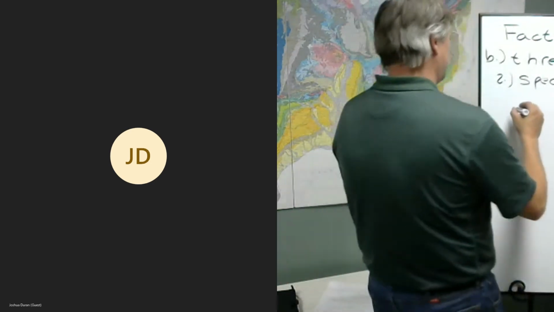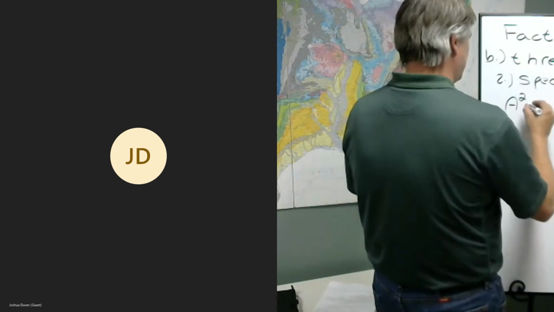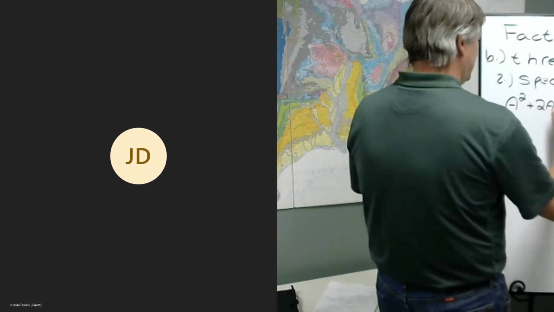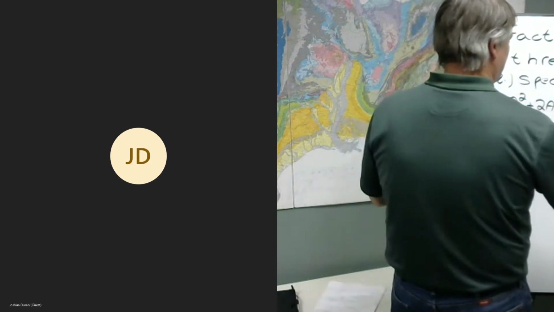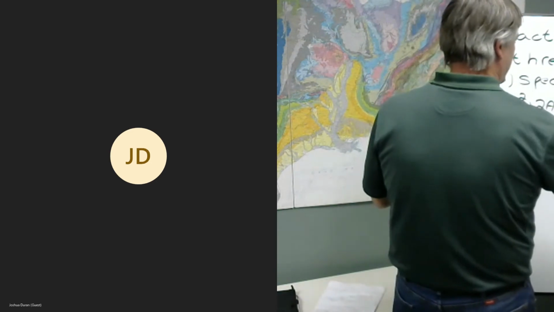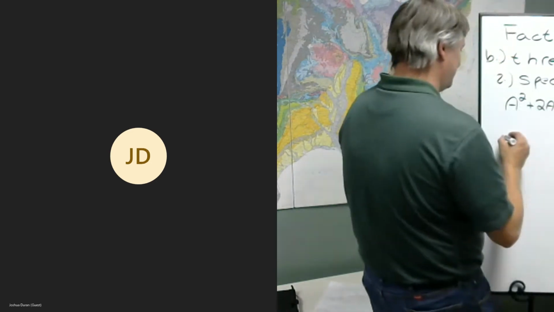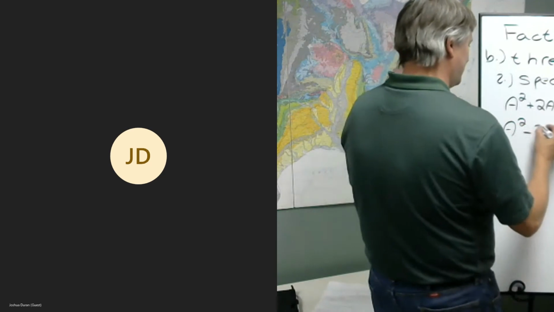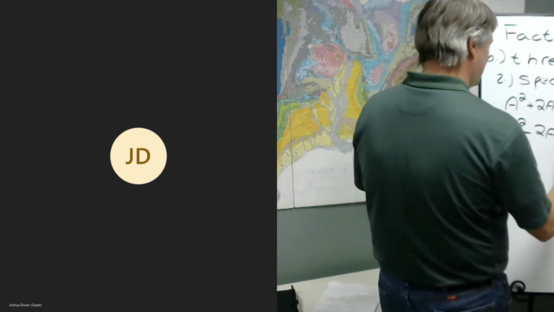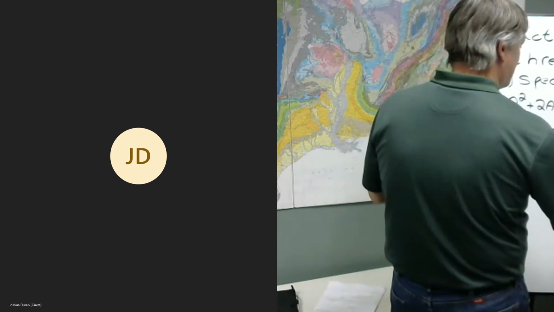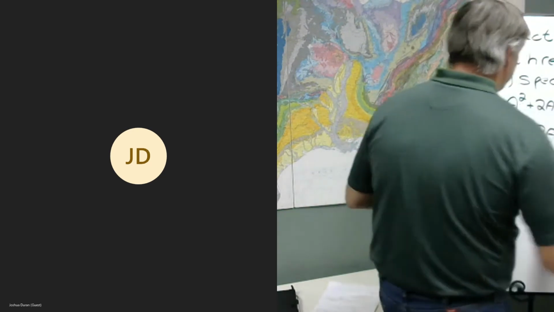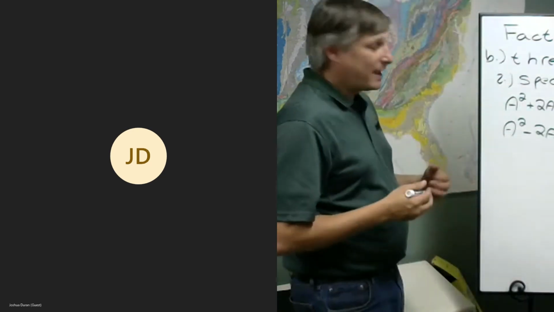Let me write these out: a squared plus 2ab plus b squared, which is a plus b squared, and a squared minus 2ab plus b squared is a minus b squared. So you could have that.